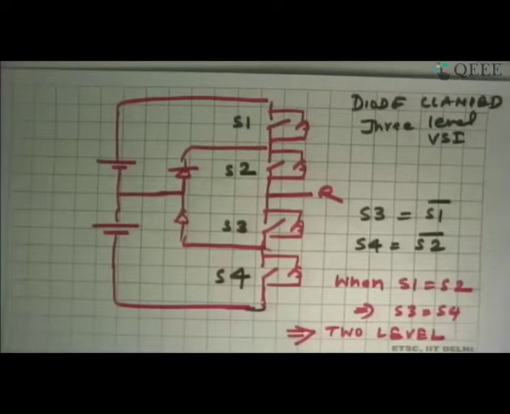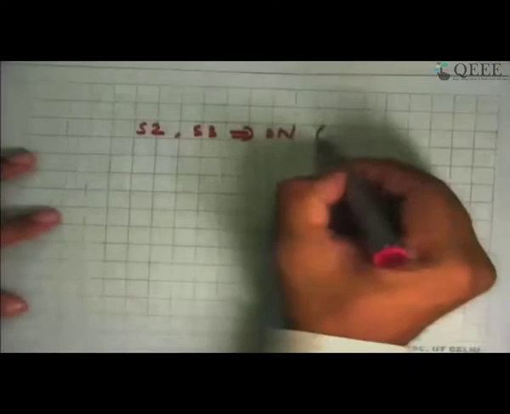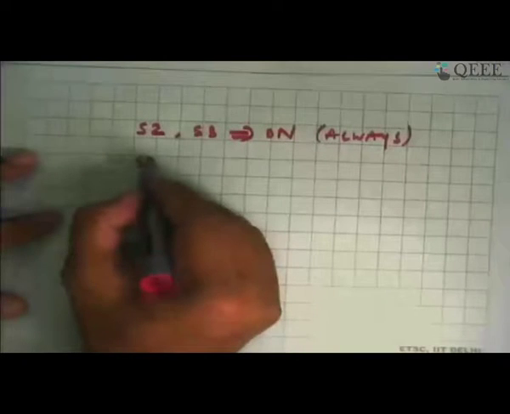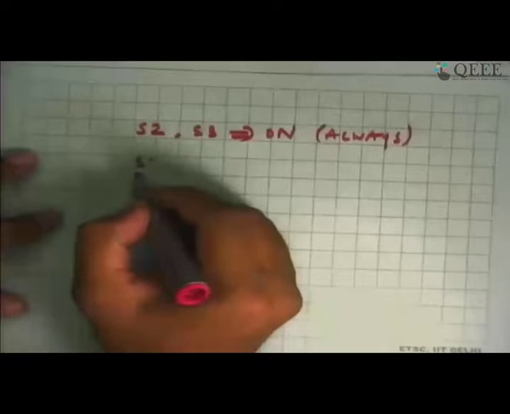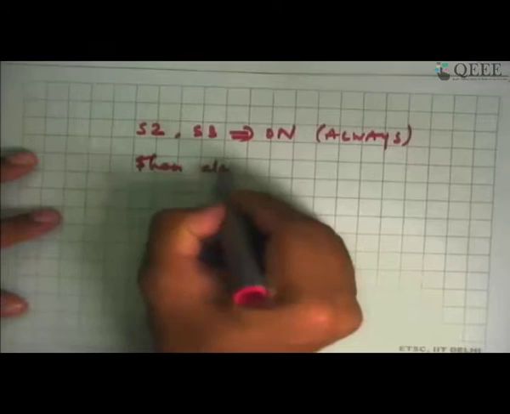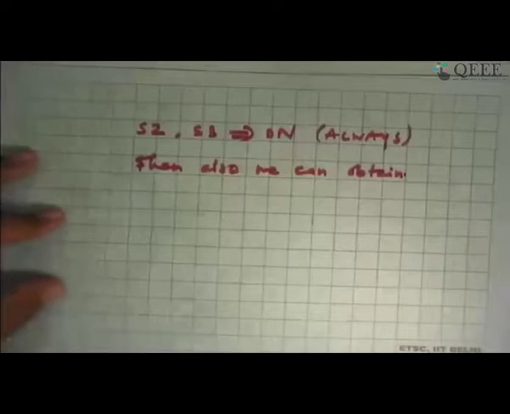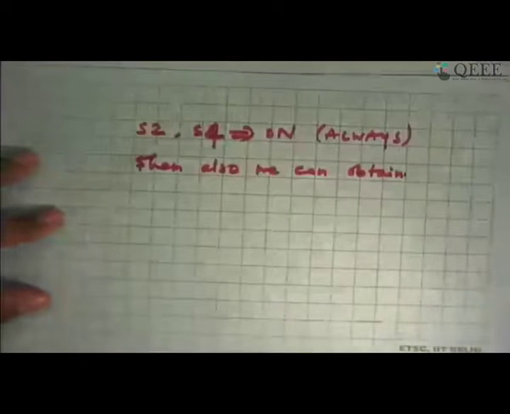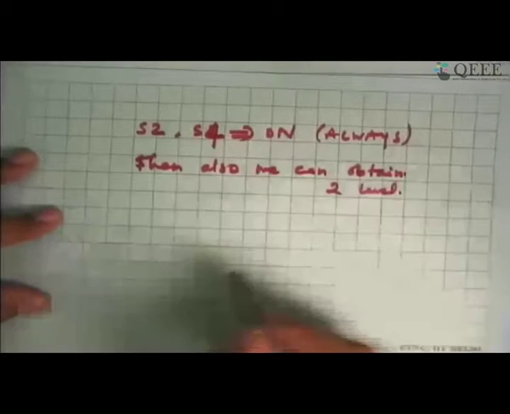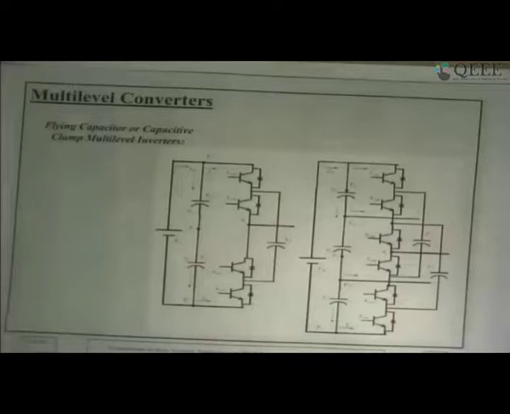Then it's reduced to a two-level converter. So we will study the diode clamped in detail after some time.